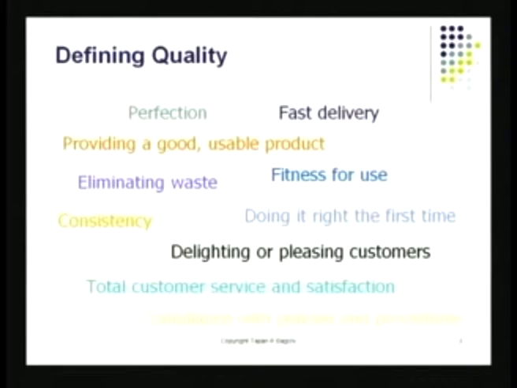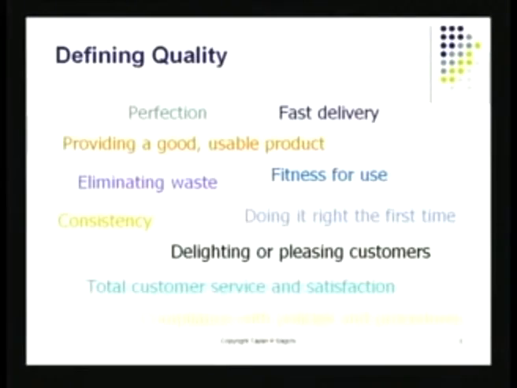Then consistency or variance reduction. That also turned out to be one of the objectives of perfect quality. Then of course, if you have good quality, you'll do it right the first time. That's like one of the objectives for some people. Then delighting or pleasing customers, particularly when competition becomes strong.